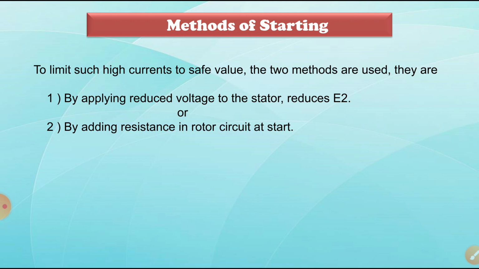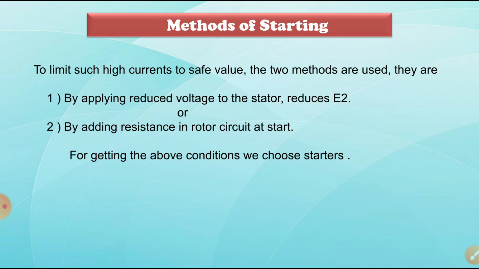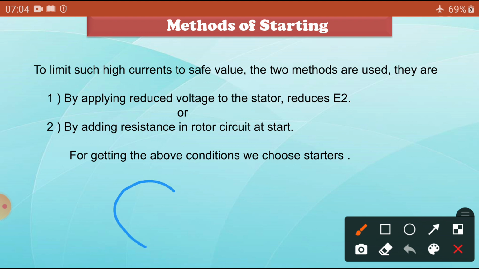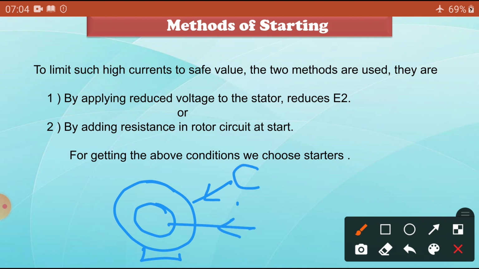So for getting the above conditions, we require to choose the starters. That's why the starters are of different types. These are the methods. Our motor is safeguarded either from the stator side or from the rotor side, either one side only, not both sides.